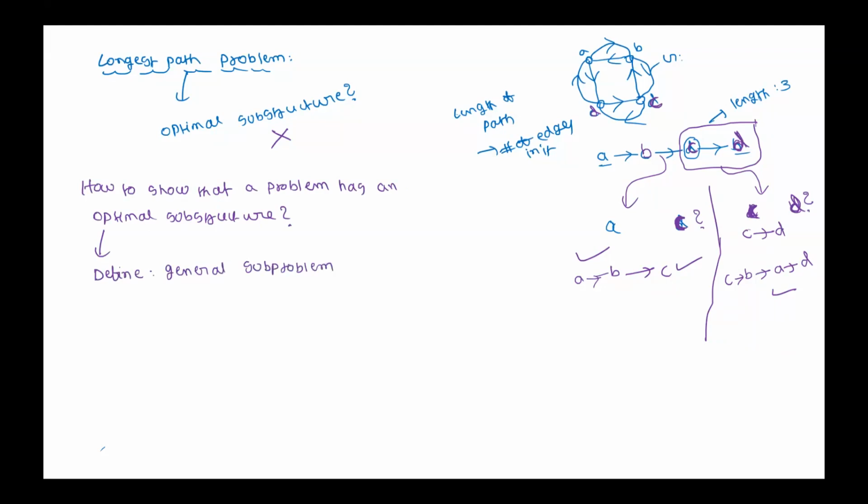It contains some parameters. So this is the general subproblem definition. It should give the original problem also. After that, assume that something is an optimal solution to the general subproblem.